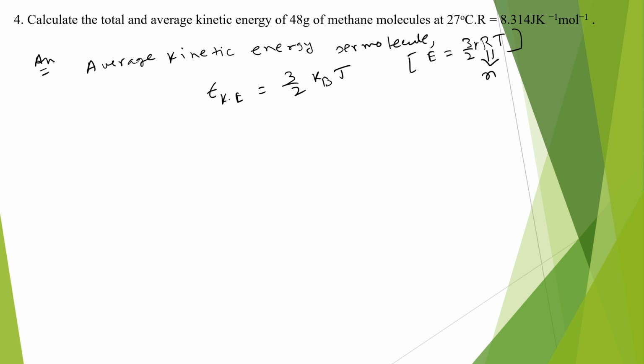Okay. So, if we write nRT, R is Na times kB, Avogadro number times kB, Boltzmann constant, times T. If we divide E by n times Na, which is your total number of molecules, since number of moles times Avogadro number gives you total number of molecules, that will give you average kinetic energy per molecule.